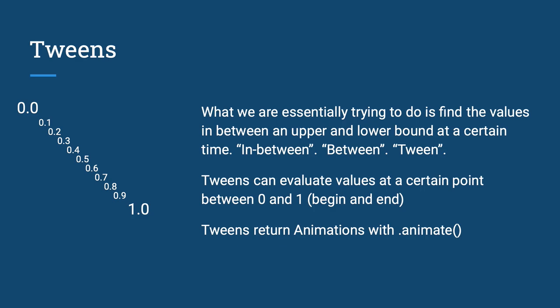If you're going from 0 to 1, they help you find, if your duration is 1 second and it's 0.5 seconds, what is the current value. So tweens help you find the values in between the begin and end. And so tweens can evaluate values at certain points, and tweens can return animations.